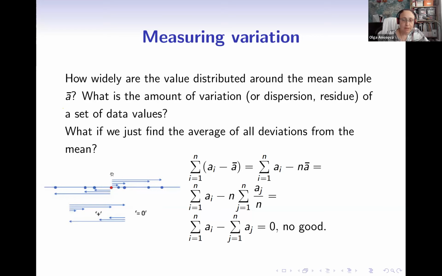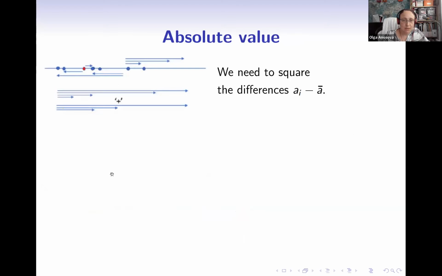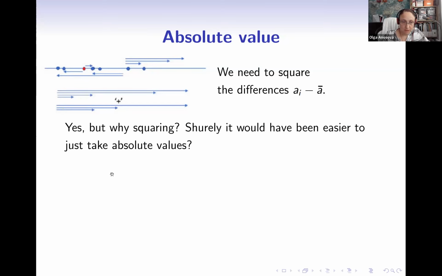But probably the best or the first attempt to get rid of the sign is to take the absolute value. But probably we also know that squaring is used universally. But why? Why do you think? Why do we square? Because it would be much easier just to take the absolute value.